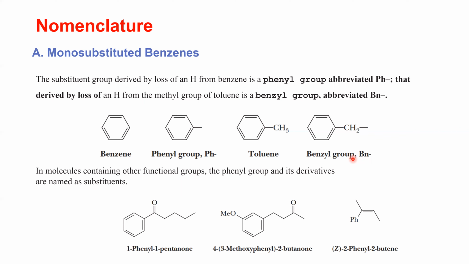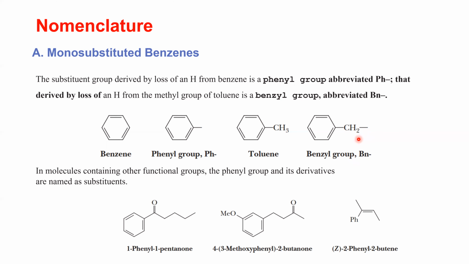There is primary, secondary, and tertiary. The tertiary carbocation is more stable than the secondary, and secondary is more stable than the primary, and the primary is more stable than the methyl one. Now, the benzyl carbocation is much more stable than the tertiary one, so in that order, the benzyl carbocation will be the most stable.